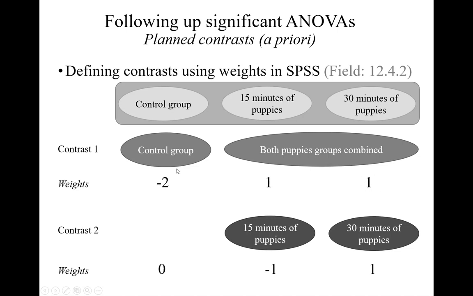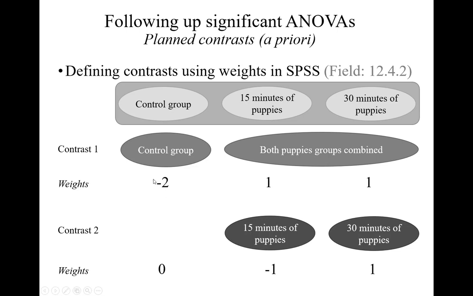So the reason we put -2 here is not just a random thing, because we have to remember all these, when we add them together, need to equal 0. So we could also, it wouldn't make a difference to our results, make the control group a +2 and make these two -1 and -1. Doesn't matter which side is negative, which side is positive, it's just that the positives and negatives show SPSS which side of the comparison is which.